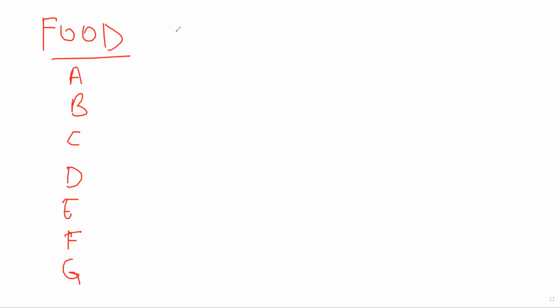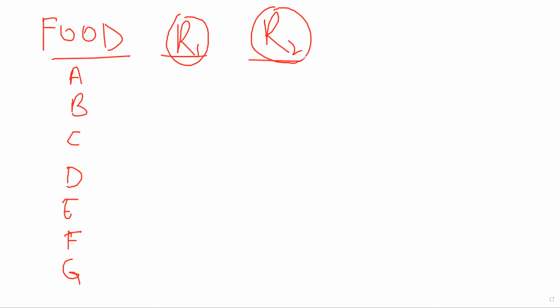Now let us suppose R1 is the ranking given by Jayanti and R2 is the ranking given by Lakshmi. According to them, what is the highest and what is the lowest rank? After tasting all the dishes, they rank them in their opinion.